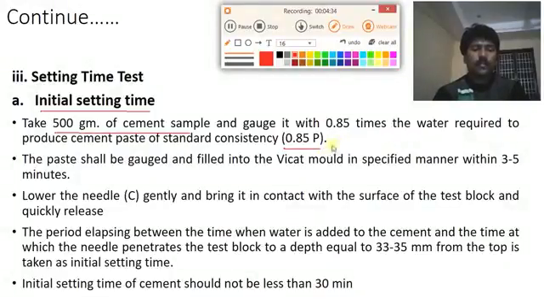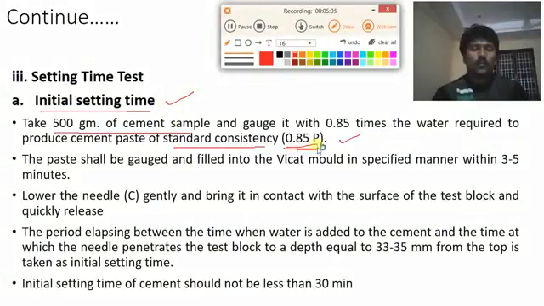That means we already calculated the standard consistency value, the amount of water that is required. So that water you multiply by 0.85, and we get the required water to be added to the 500 grams of cement for calculating the initial setting time.